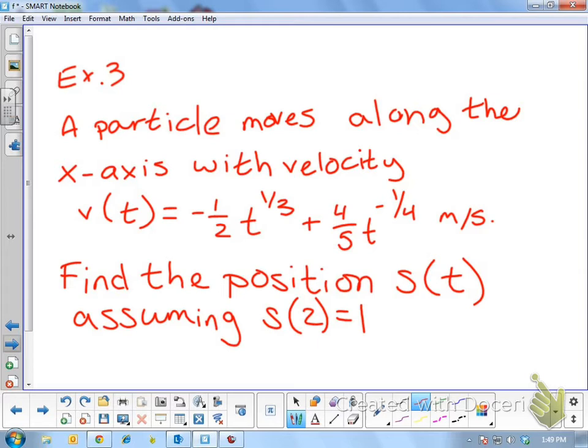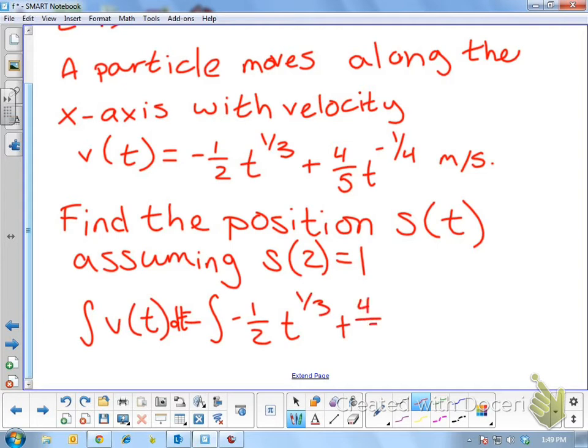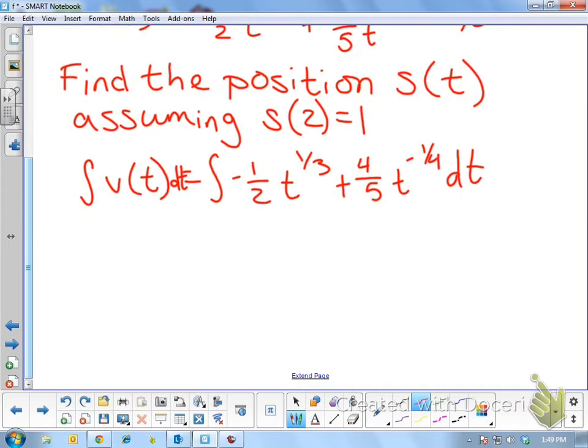So if I anti-differentiate dt this time, then this will give me position plus c. And once I have that, I still just plug in my initial conditions. So it's not any different from what we've already been doing. It's just a fancier way to ask us to do it.